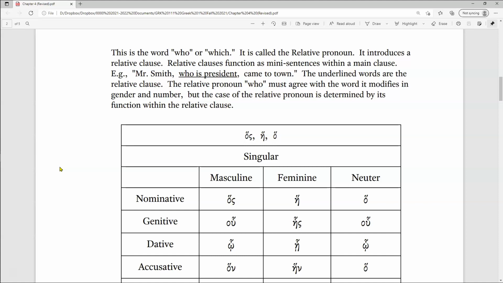Okay, so here's the tricky thing. If I want to say the house of whom is yellow, or whose house is yellow, which one of these cases would I have to put who in to get it to mean the man is my friend, the house of whom is yellow? What case would I have to put it in?